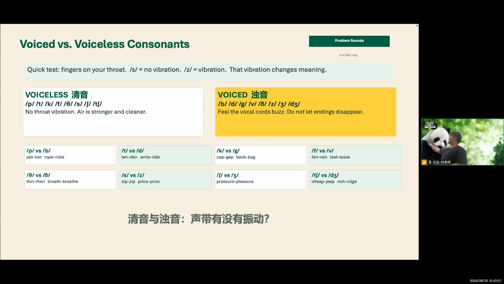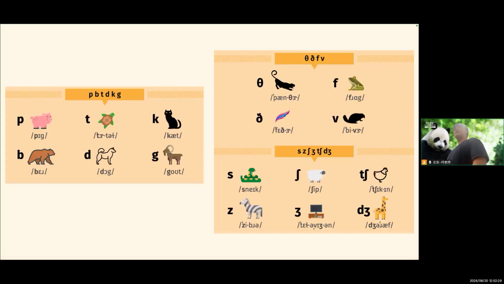Okay, then 浊辅音, you can hear it. Listen to me. B, D, G, V, Z, J, and Z. Okay? You can hear the vibration here. You can feel it in your throat. Okay? So, we're going to look at the differences actually. So, I have this diagram here.